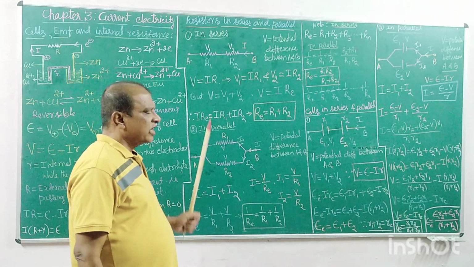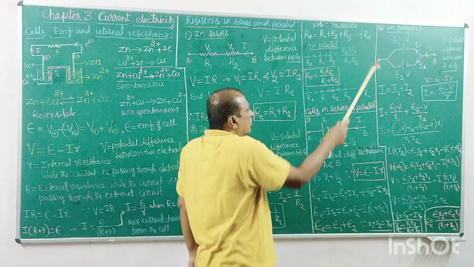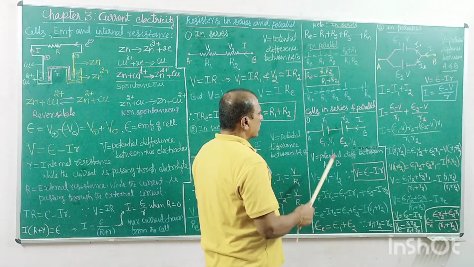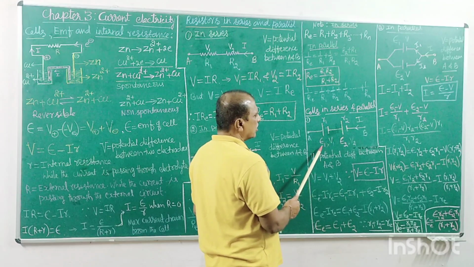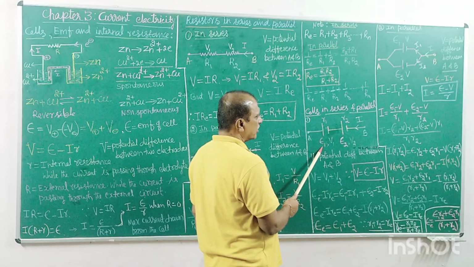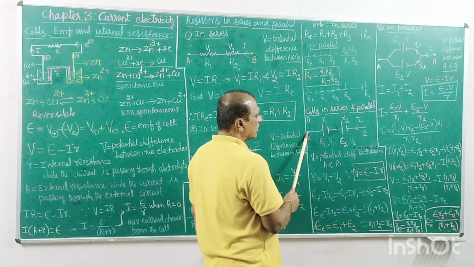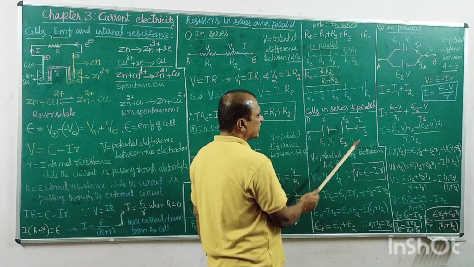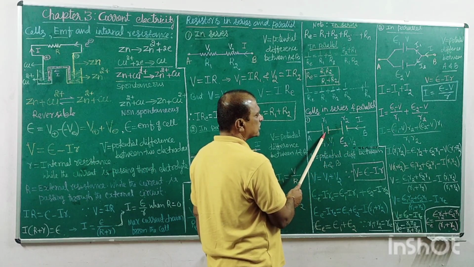Let us apply the same concept to cells in series and parallel. If there are two different cells, as you know, if this cell has EMF epsilon 1, and the potential difference between these two is V. This is the potential difference. Here we see different potentials at these cells.